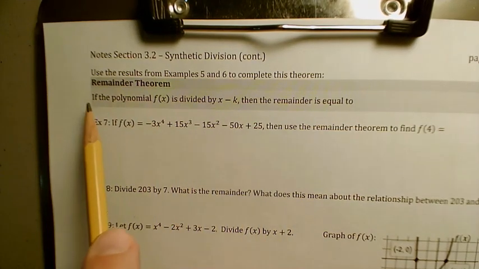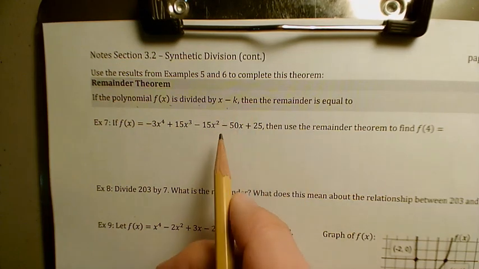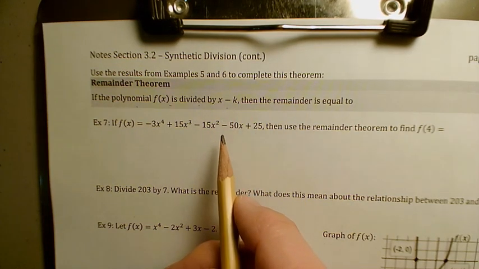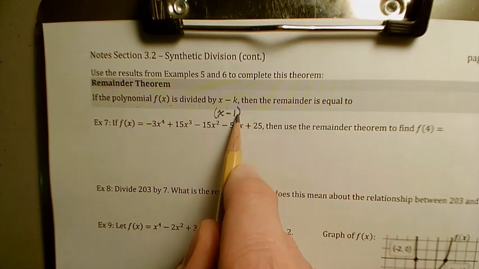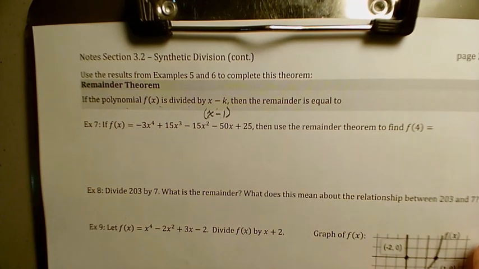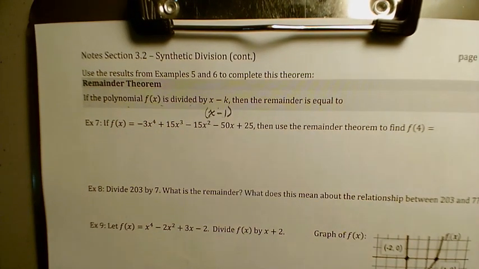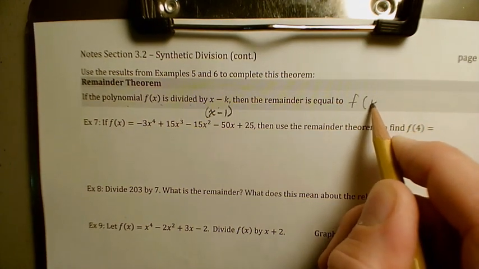All right, so if a polynomial f of x is divided by some binomial, so in that last example, the binomial we divided by was x minus 1. So k was 1. All right, then the remainder will be equal to f of k.